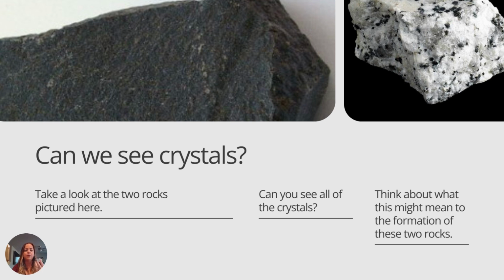Okay, so for the one on the left, the black rock, that is basalt, and basalt cools out of a lava on the surface, and it oftentimes has olivine found in conjunction with it, but a lot of times the olivine is so small you can only actually see it in a microscopic view. So in hand specimen, or when you're holding the actual rock, you're not necessarily going to be able to see the crystals.